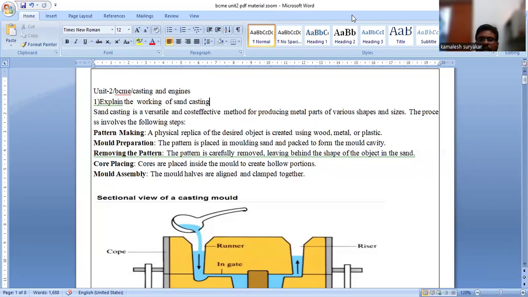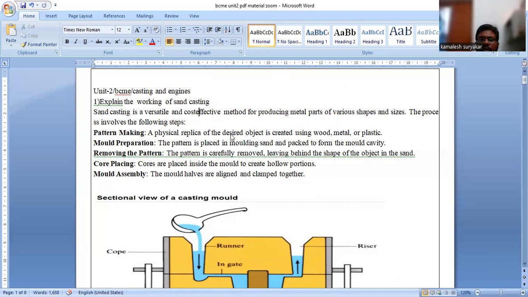It is a versatile and cost-effective method, so it is a very easy method. Versatile means very important, and cost-effective means less cost and more effective. It is a method for producing metal parts of various shapes and sizes. So you can produce different shapes and sizes in this process.